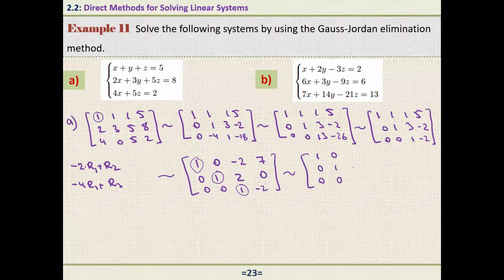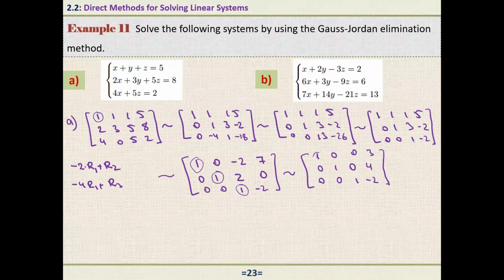Here we have 0, negative 2 plus 2 is 0, and negative 2 times negative 2 is 4 plus 0, it is 4. So here we have 4 minus 2. Now multiply the third row by 2 and add to the first row. Here we will have 0, and 2 times negative 2, negative 4 plus 7, that is 3.